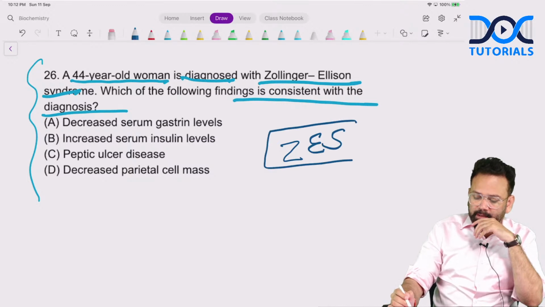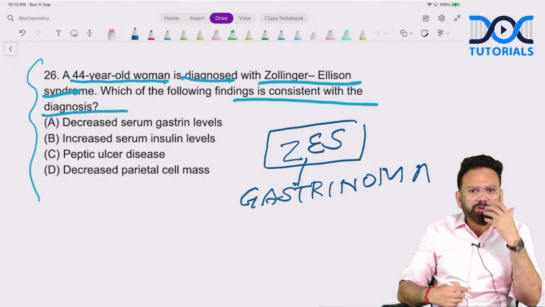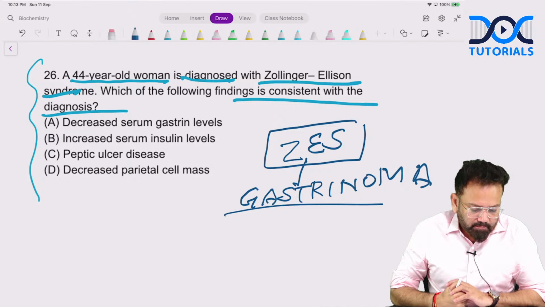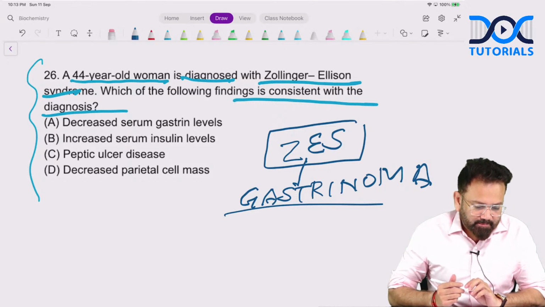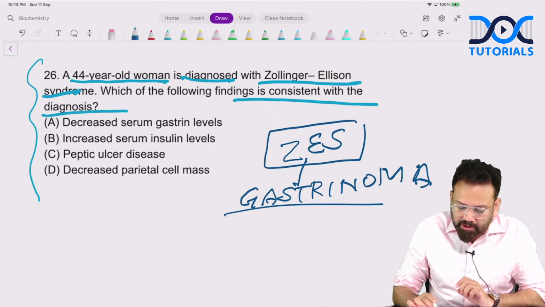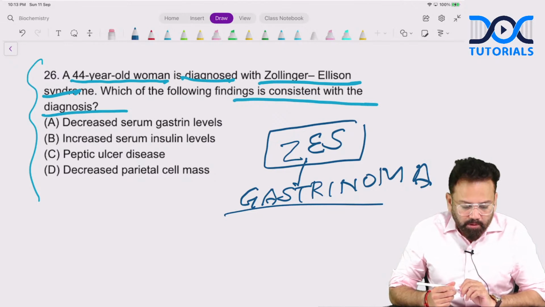ZE syndrome means there is gastrinoma, so there is more gastrin. What is the answer? If there is gastrinoma in Zollinger-Ellison syndrome, there is more gastrin.